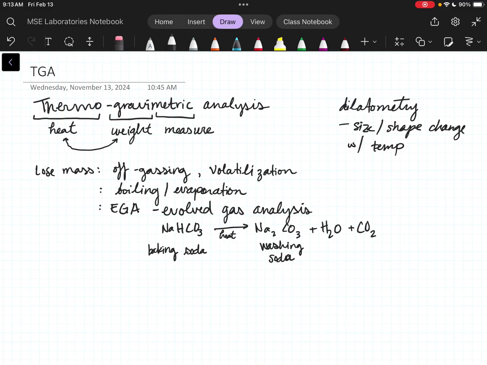And if you heat it up, you get washing soda. This is what's used to make detergent, washing soda here. It's sodium carbonate, not sodium bicarbonate.